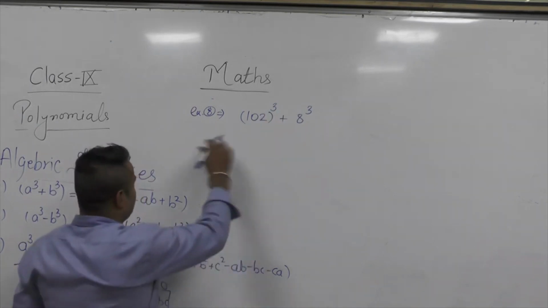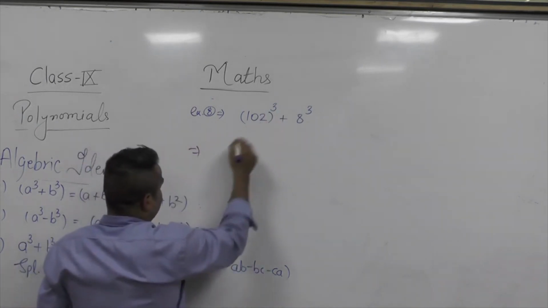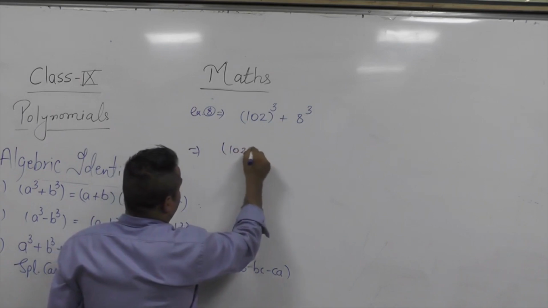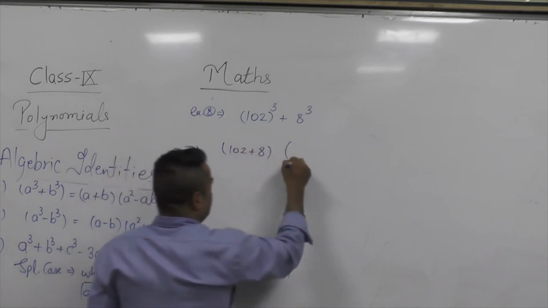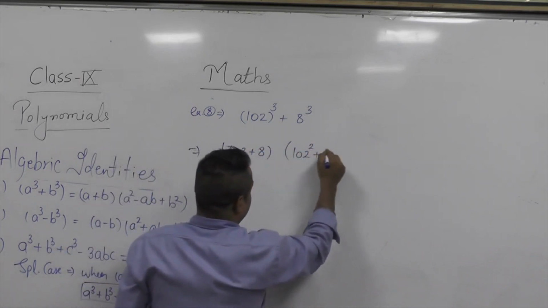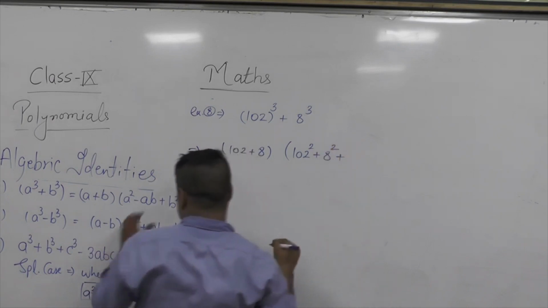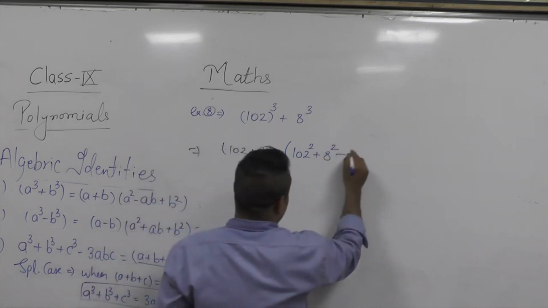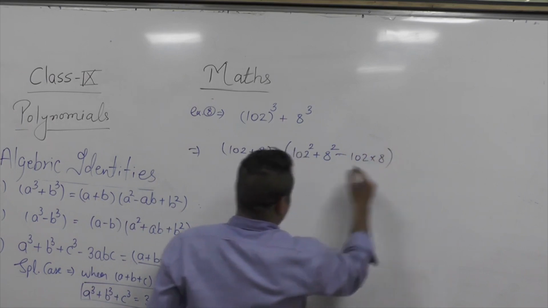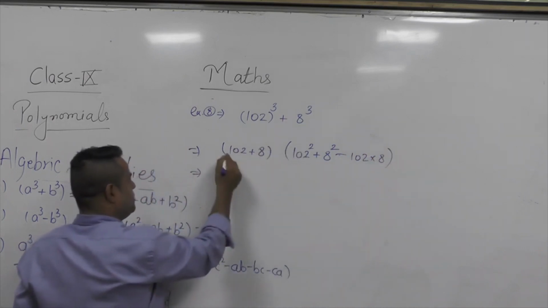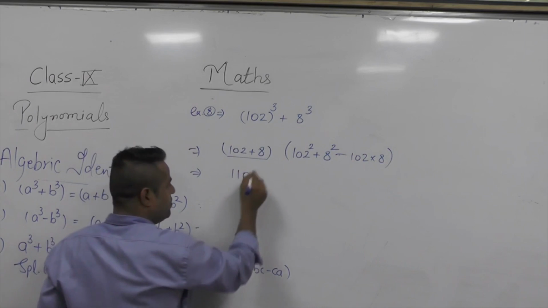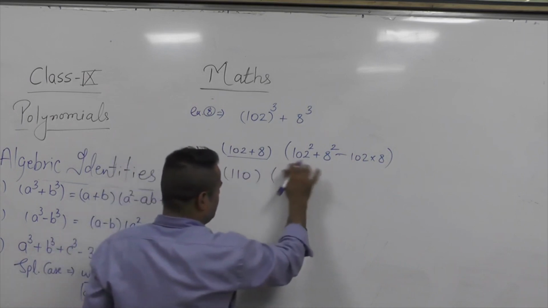Now we apply the identity, so we can write it as a plus b times a square plus b square minus ab, with 102 into 8. Now we just solve it. 102 plus 8 is 110, and 102 square.